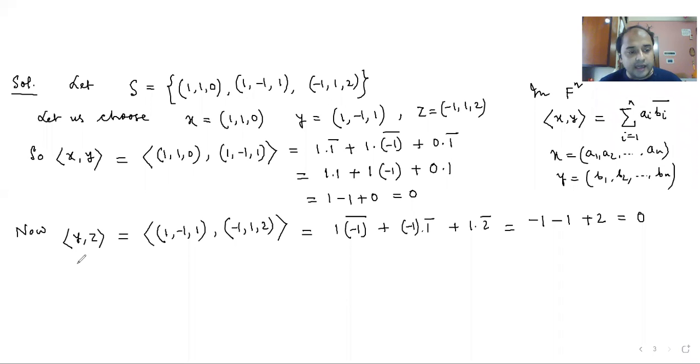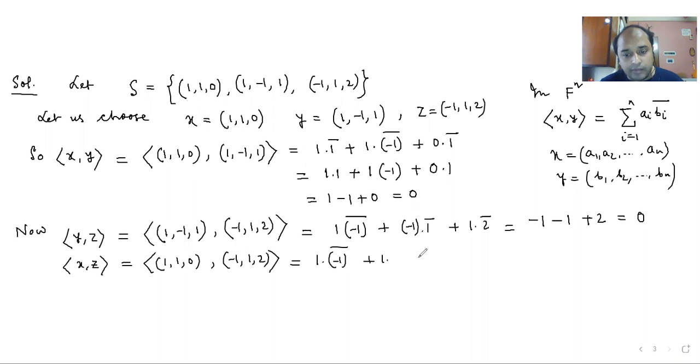If I consider x, z, then let us consider (1, 1, 0) and (-1, 1, 2), and by the rule we get 1 into -1 bar plus 1 into 1 bar plus 0 into 2 bar, and therefore this is -1, this is +1, this is 0, and that is equal to 0.